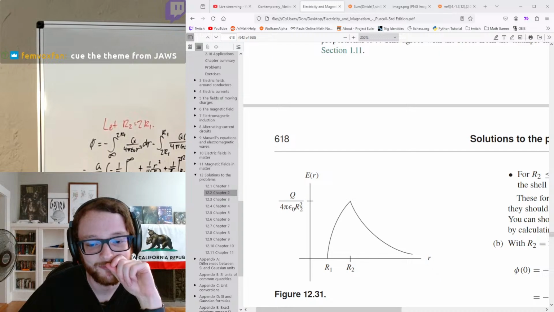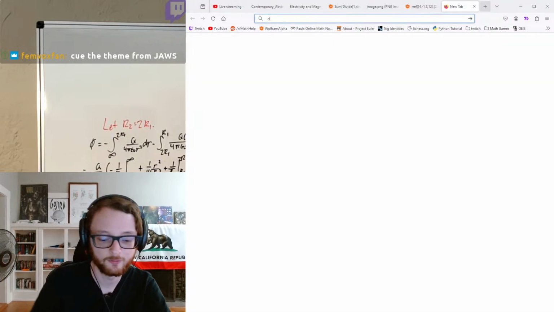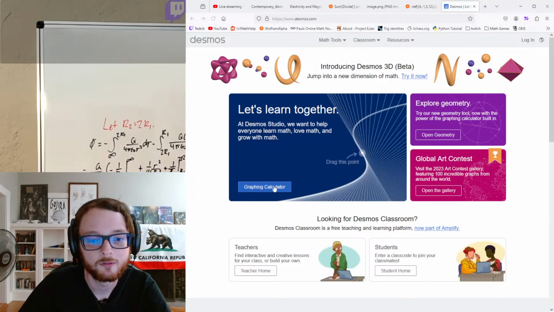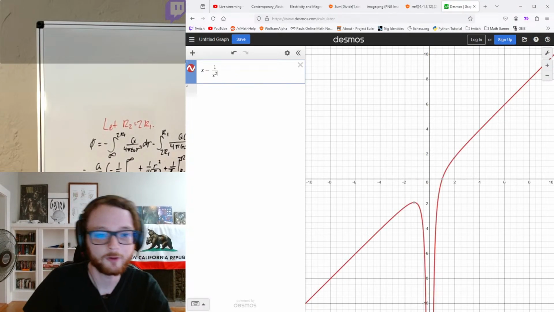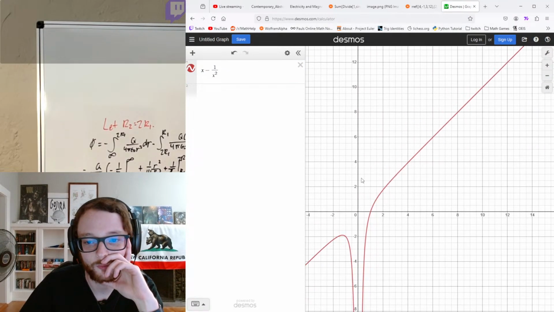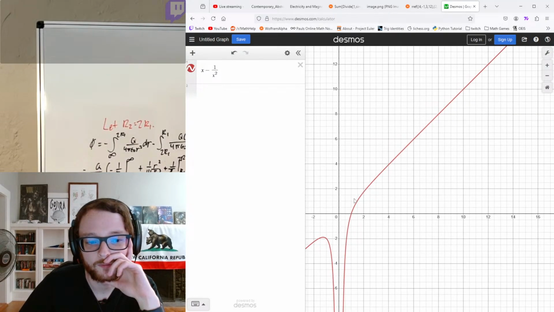Okay, and so why would linear minus inverse square look like that? Let's look at Desmos. Just want to understand what's happening. X minus 1 over x. Like, I feel like 1 over x squared. Well, ooh, that's a cool looking graph. So we're on the early part of this curve. Interesting.